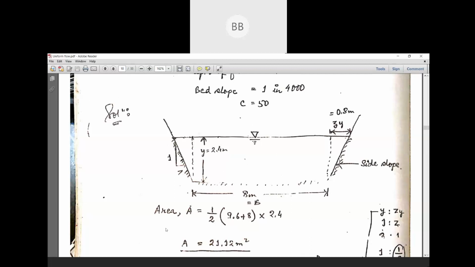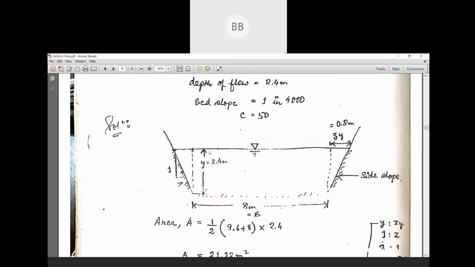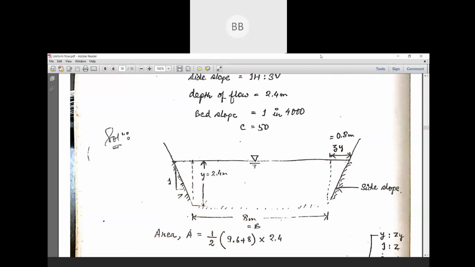So to find the area, we have the bottom width, but we don't have the top width. The depth of flow is also given. So our first aim is to find the top width, that means from here to here.